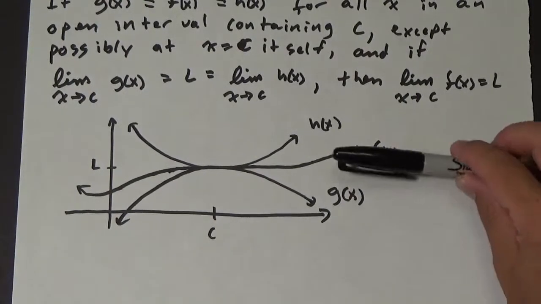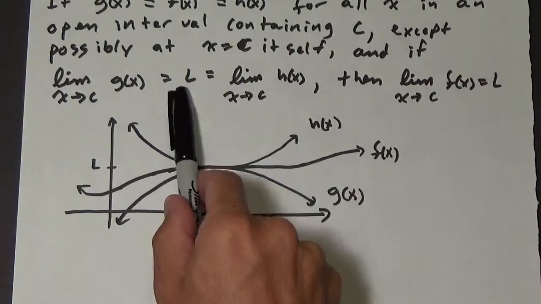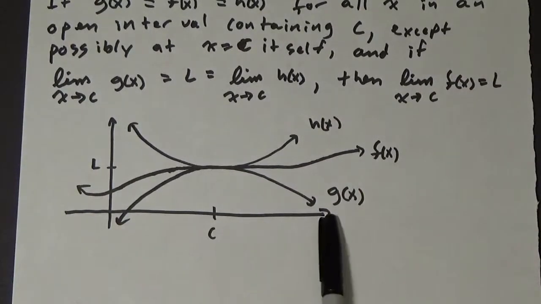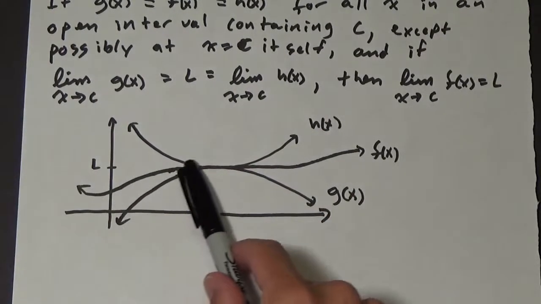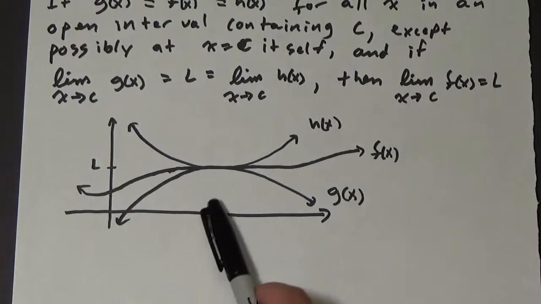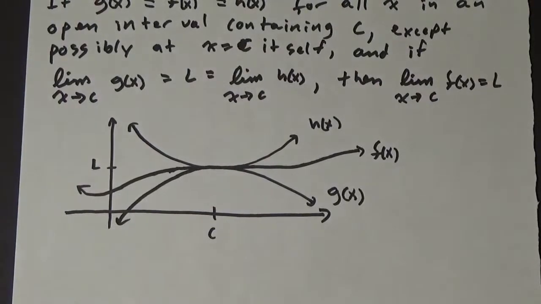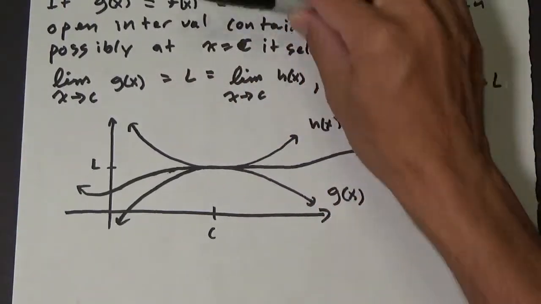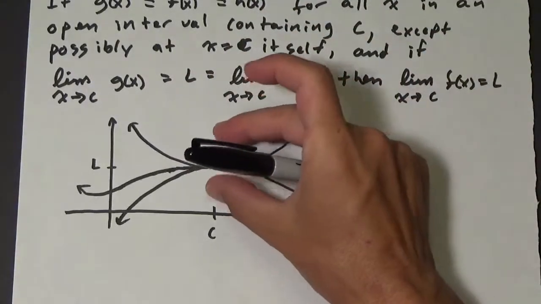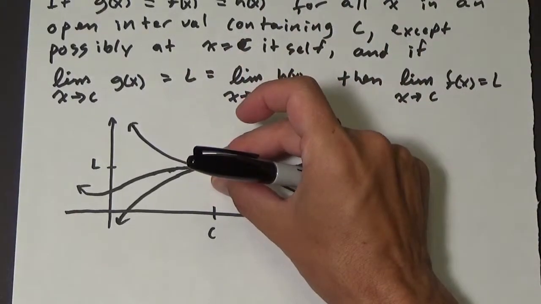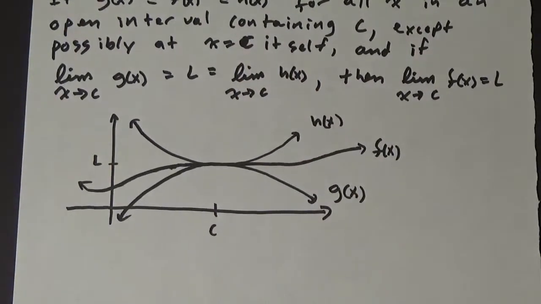And so if we know that the limit of h of x as x approaches C is L, and the limit of g of x as x approaches C is also L, well then by default the limit as x approaches C of f of x also must be L. This is where we get our name, squeeze or sandwich theorem: h of x and g of x are squeezing around, or sandwiching, f of x around this point of interest.